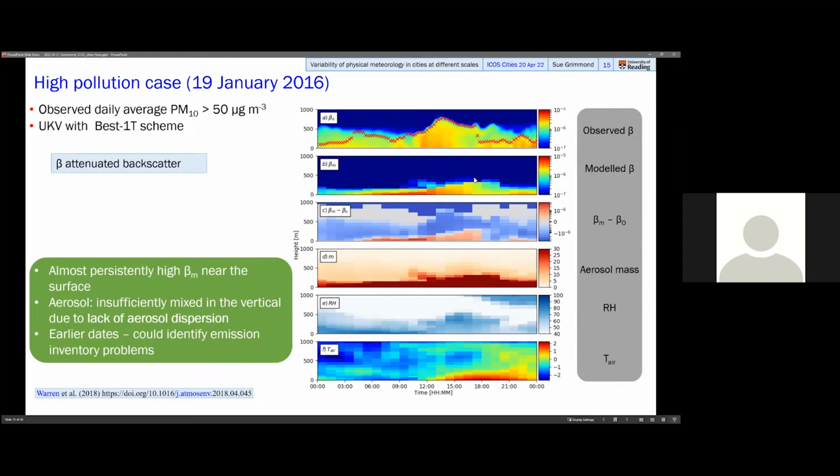We can see that this is because the mixed layer height in the model is not actually deep enough, and therefore the mean concentration is close to the surface. So shown here for aerosol, relative humidity and air temperature, but it would also impact CO2 as much. So because the boundary layer is too low, the concentrations are too high close to the surface, and therefore the model is not performing correctly.